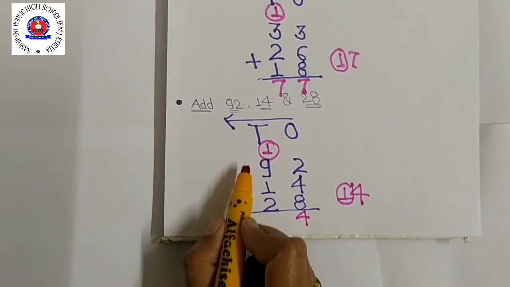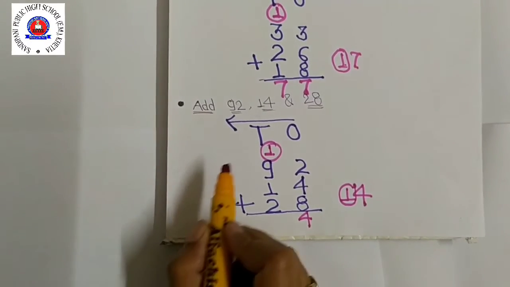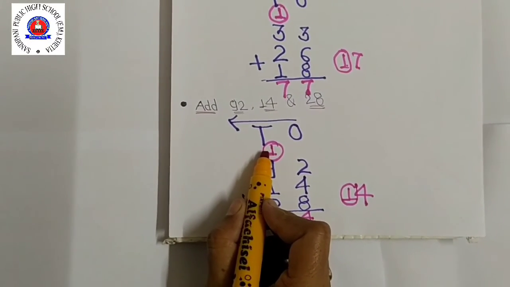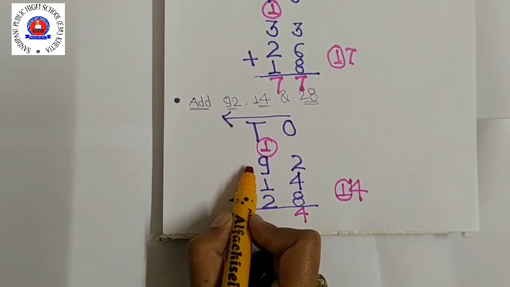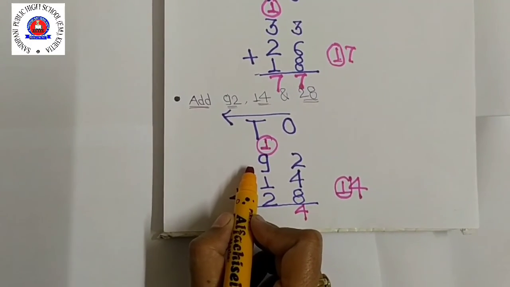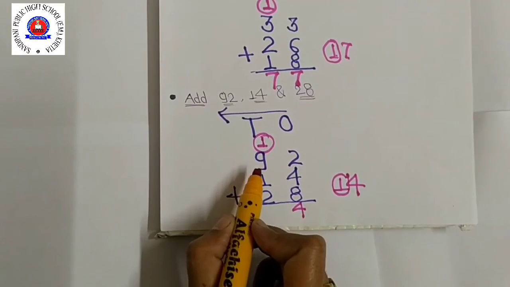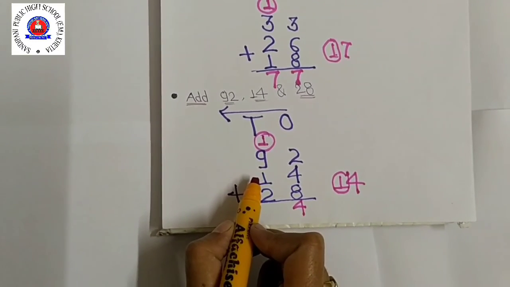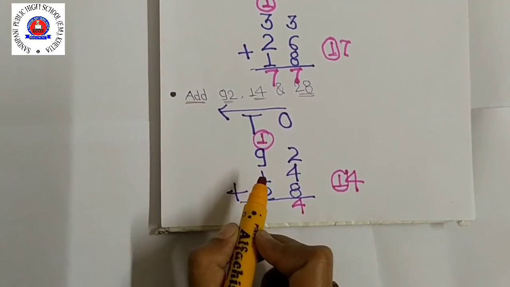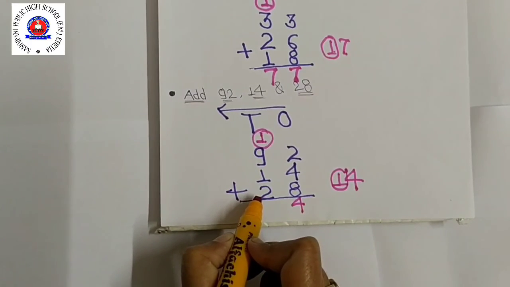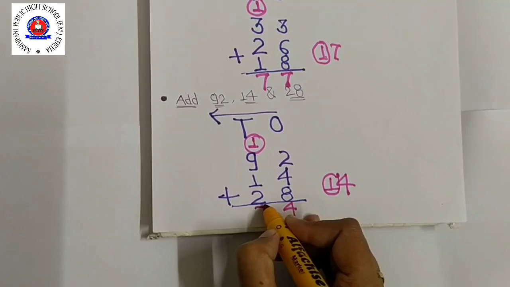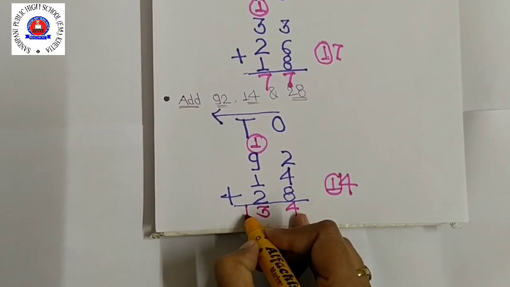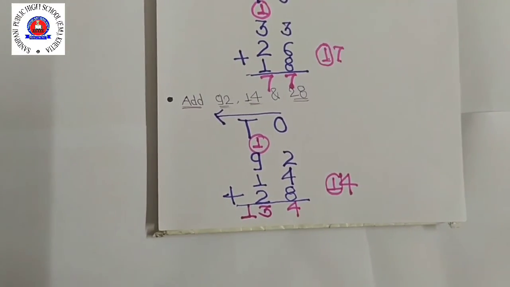Now add in the tens column. So 1 is carried, this 1 is the one you have carried. So 1 plus 9 is 10. Very good. 10 plus 1, what? 11. And 11 plus 2, count fast. 13. Write here 13. Clear this one?